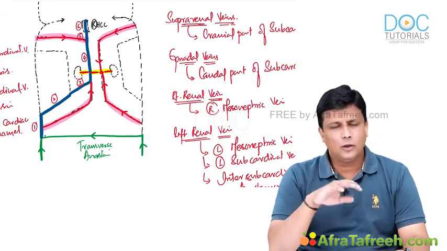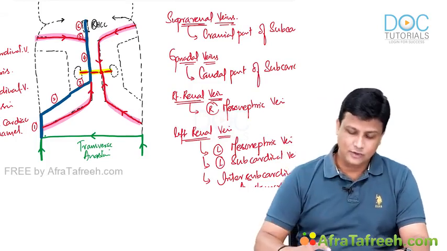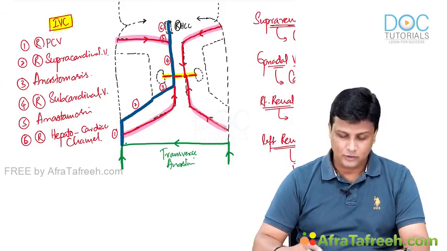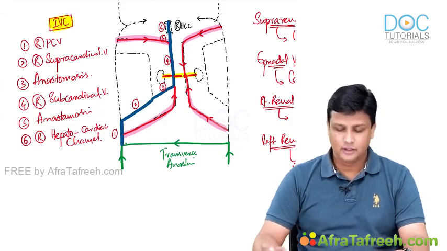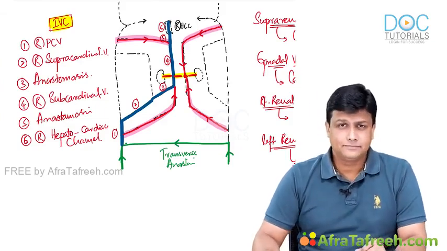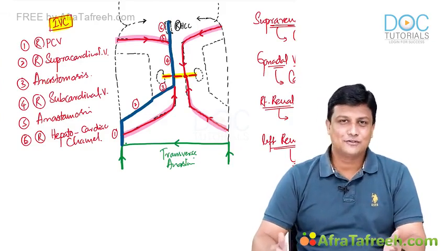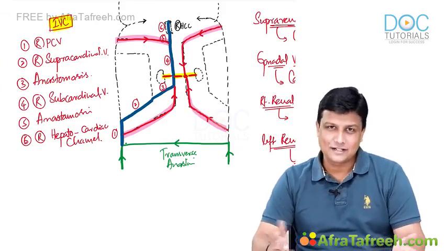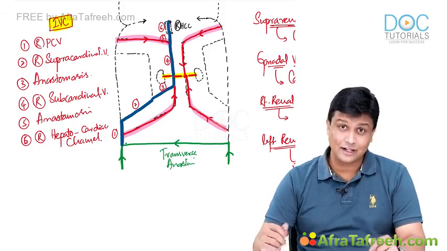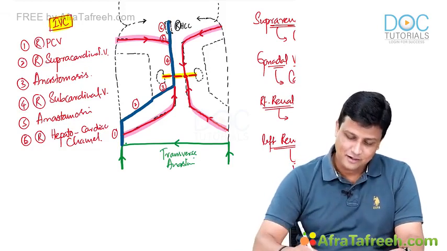Now, once you are done with all this normal development of these veins, now the abnormality. What is the abnormality? Development of double inferior vena cava. I think we have done so much of cardiovascular system embryology till now. You yourself can decide right now: how will double inferior vena cava be formed? It's so simple.